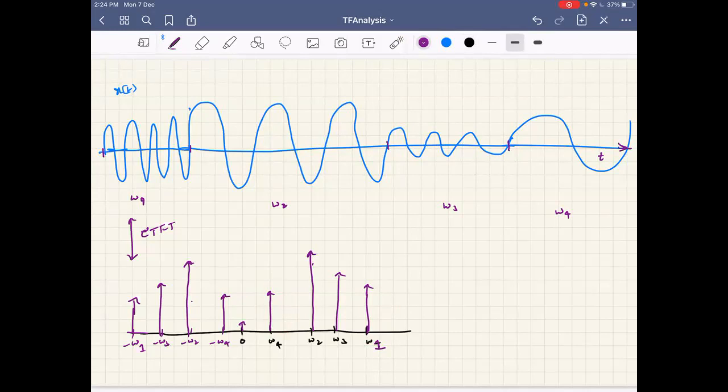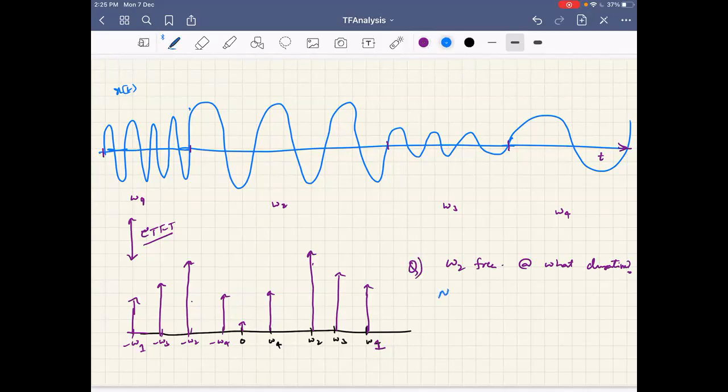The magnitude of frequencies in the overall signal you can tell through the continuous time Fourier transform. Whereas if the question is asked to find out omega 2 frequency, at what duration in the signal, then the Fourier transform has no answer.